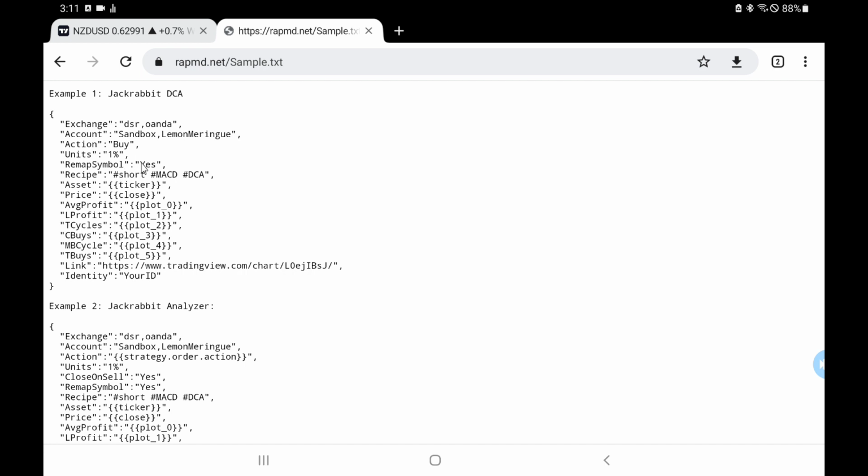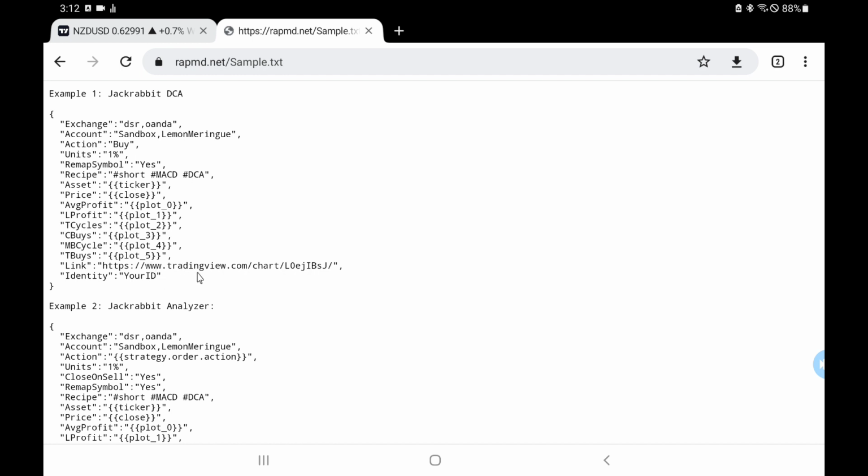Now, when using TradingView with Relay, in order for it to actually work on a consistent basis for more than one asset at a time, you will probably want to remap the symbol from TradingView to OANDA. Using the TradingView macros gives you a way of using the system and the same message on multiple forex pairs without a lot of unnecessary changes.